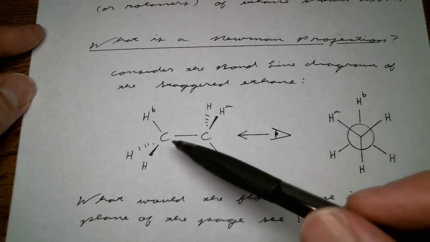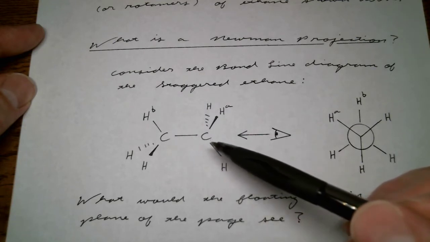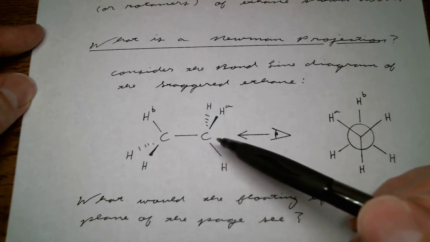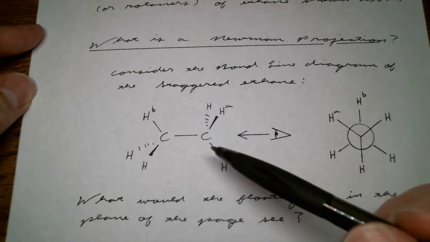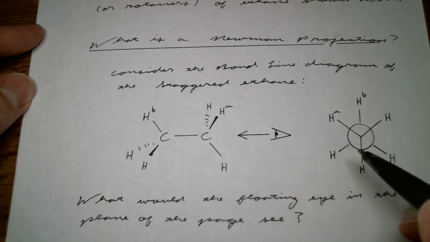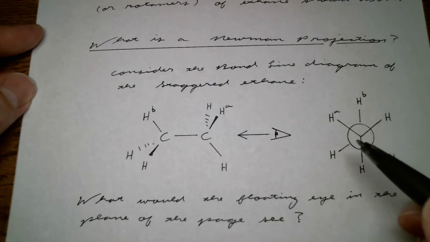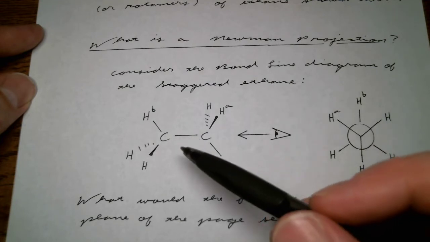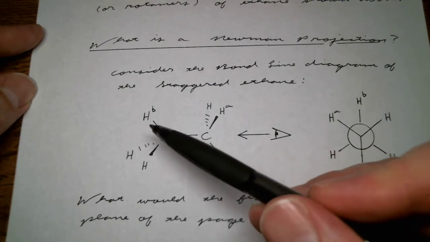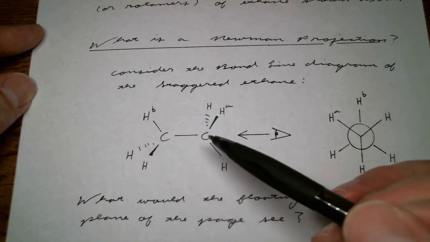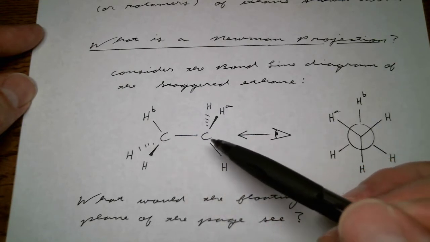Now, the eye cannot see the carbon that's directly behind the carbon that it's viewing. So what we do is we draw this obscuring circle behind these carbon-hydrogen bonds, but it can see the atoms that are coming off of this carbon that's behind the carbon atom in front.